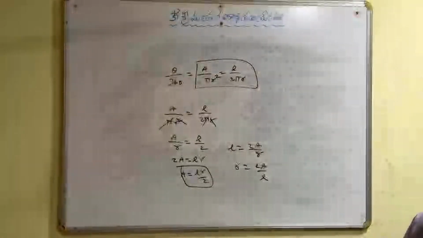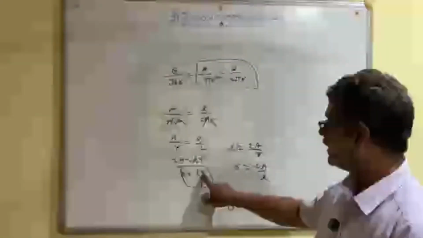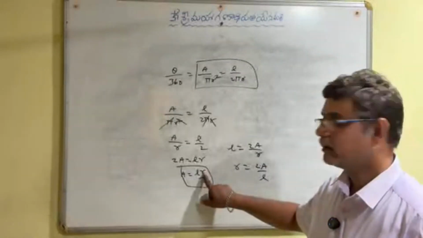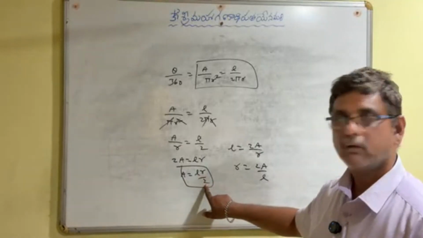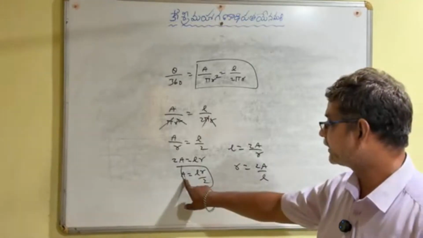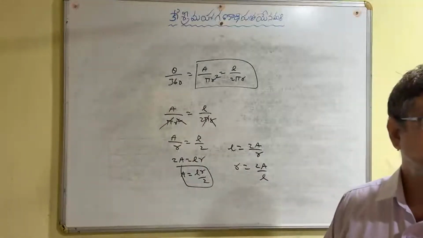When you know the length of the arc and radius, you can find the area of sector using LR by 2.